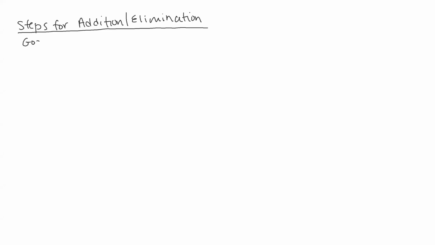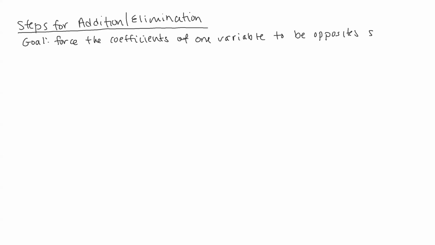Our goal, just so you kind of know what you're working towards, is to force the coefficients of one variable to be opposites, so that if we add the equations, one variable is eliminated.